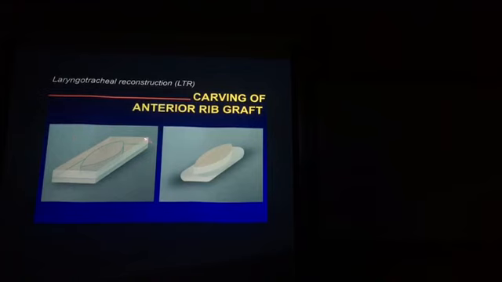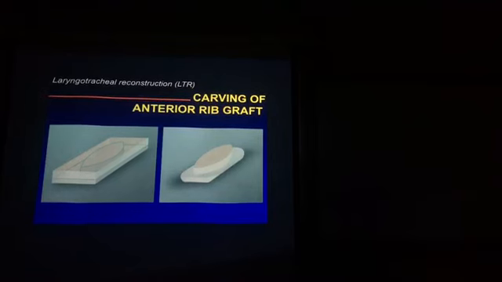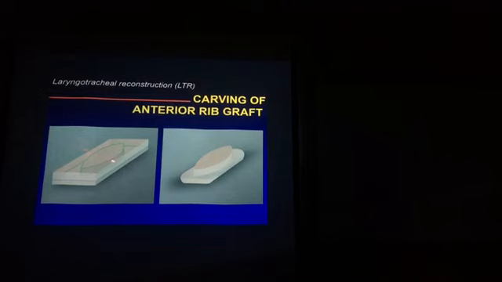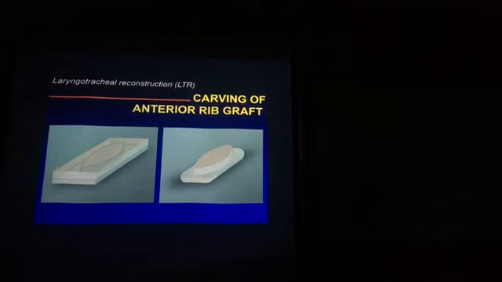So you have a square rib here, and then you measure the distance on the outer surface of your trachea, and remember that the largest portion of your carved rib should be where you had the stenosis.